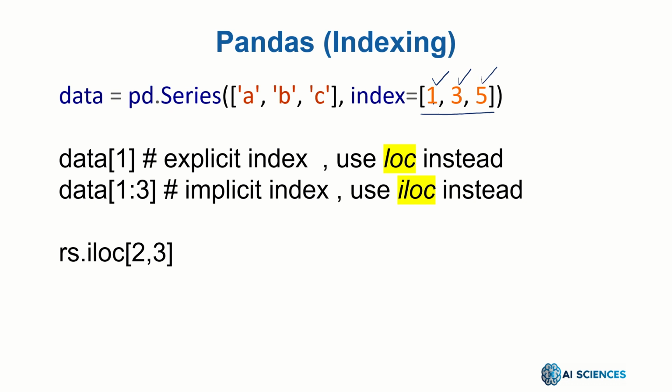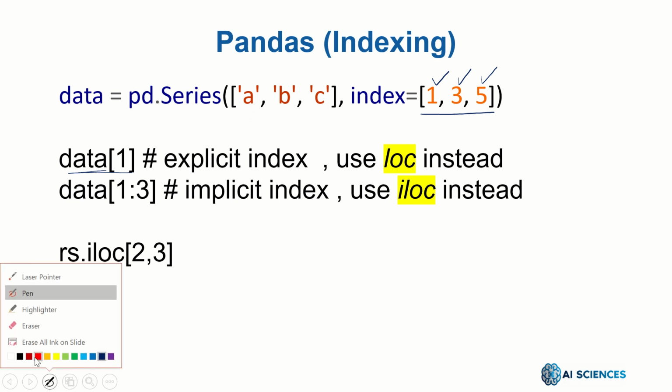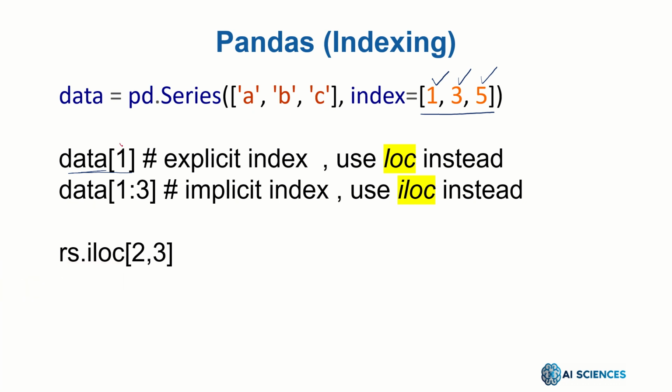For example, the explicit index is 1, the explicit index is 3, the explicit index is 5 for the values A, B, and C. Now, if you access a particular value like this, it will refer to the explicit index. For example, this 1 is the index of A. So it will pick that.